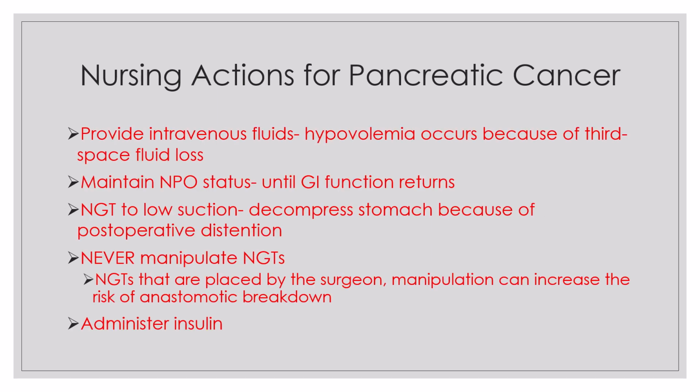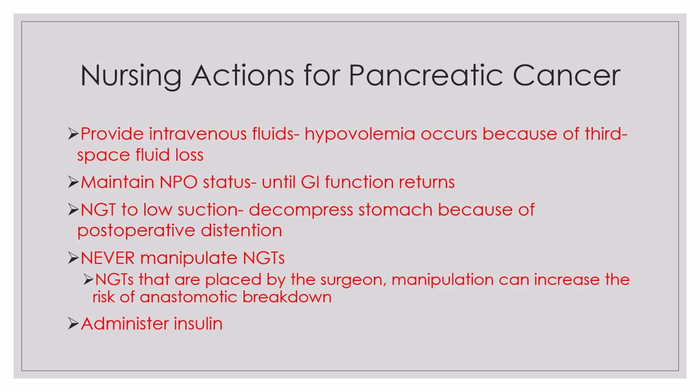Nursing actions for pancreatic cancer. Ladies and gentlemen, listen up, and then listen up one more time. We are going to provide intravenous fluids. Hypovolemia will occur because of third space fluid loss. We are going to maintain that NPO status until their GI function returns.